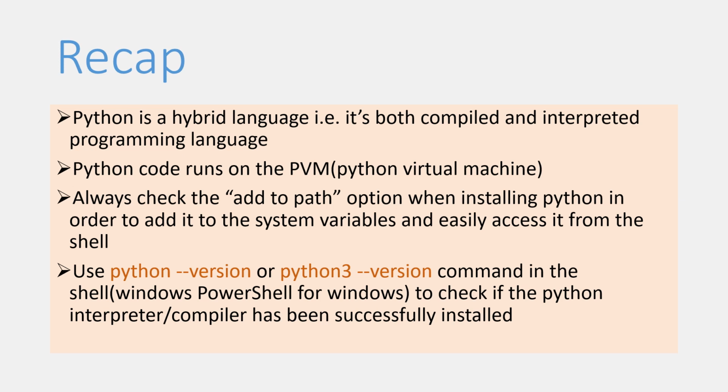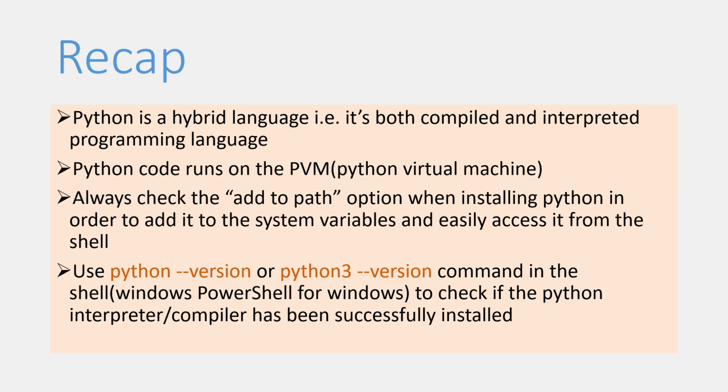As I once told you, Python runs on a virtual machine, the Python virtual machine, the PVM. The PVM comes with both a compiler and an interpreter. So Python code is compiled into bytecode, and then that bytecode is interpreted by the interpreter into machine code. Python code runs on the PVM.